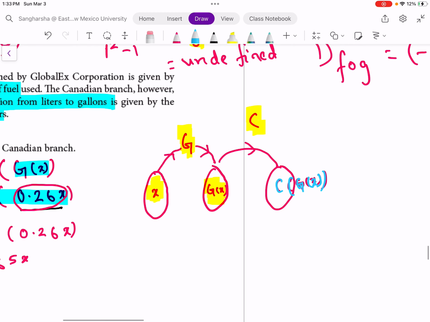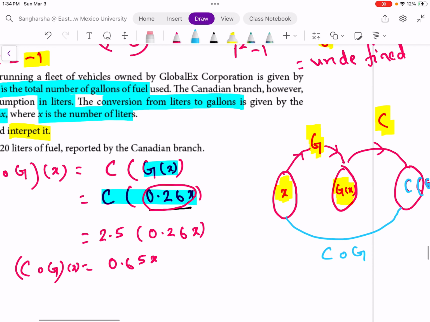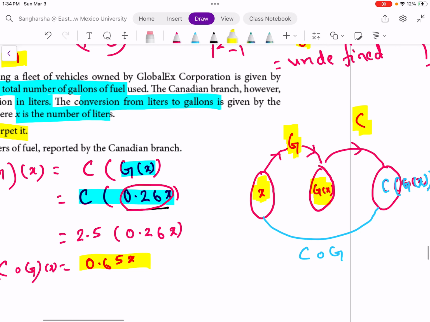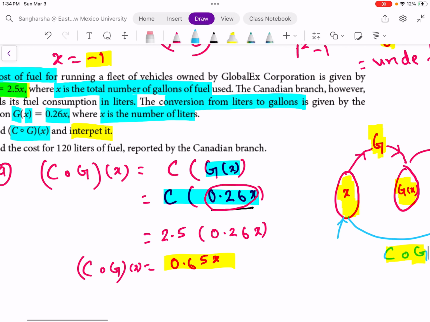And here we have this function, which is our C composite G function, and we know this is 0.65x. For this function, the input is x and the output is this expression, and our input x is the number of fuel in liters.